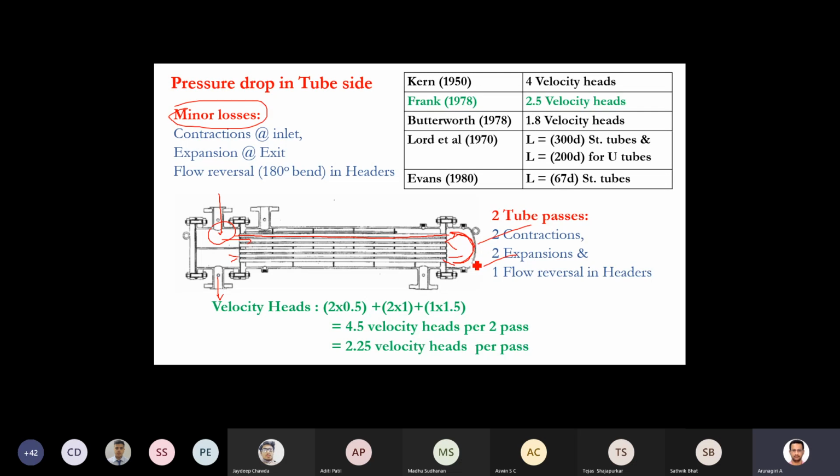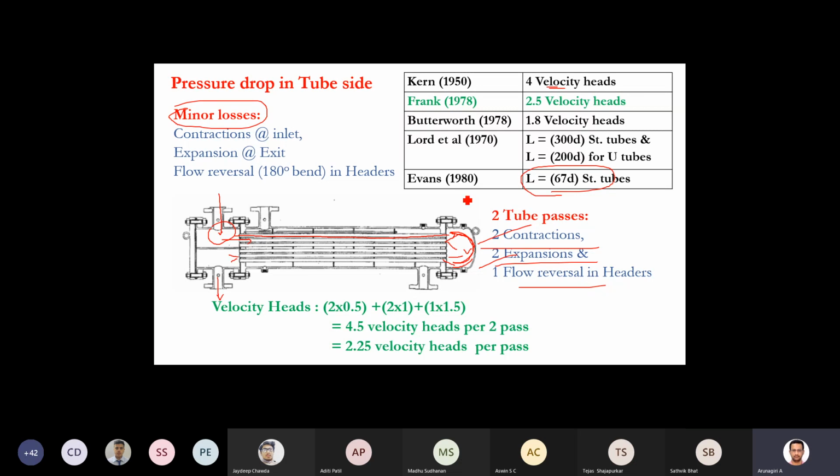If you go for 2 tube passes, what will happen? The tube side fluid is exposed to 2 contractions, 2 expansions and 1 flow reversal. Different people worked on these things. Kern proposed minor losses in terms of velocity heads. In the momentum transfer lab, minor loss estimation, you might have studied that you can express the minor loss in terms of velocity heads or pipe equivalent diameter.